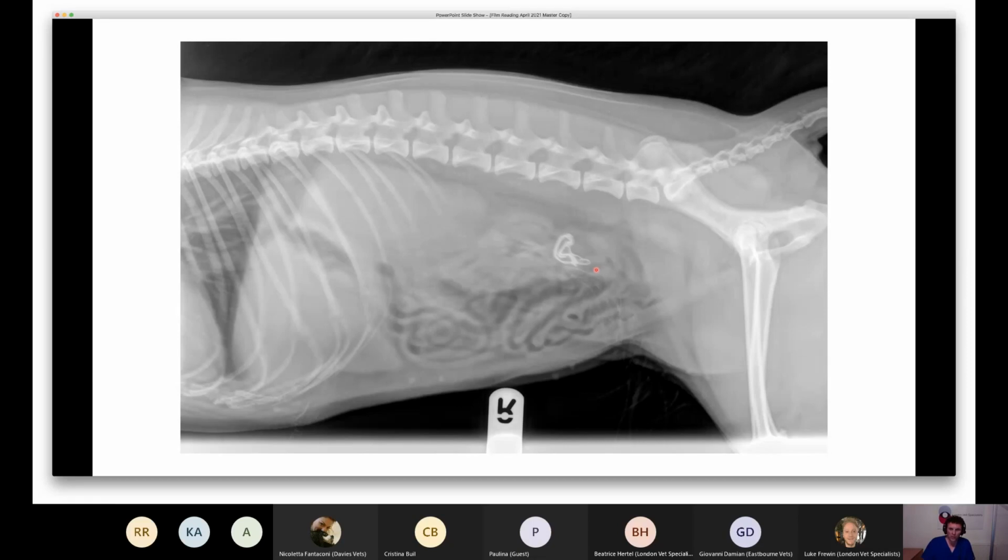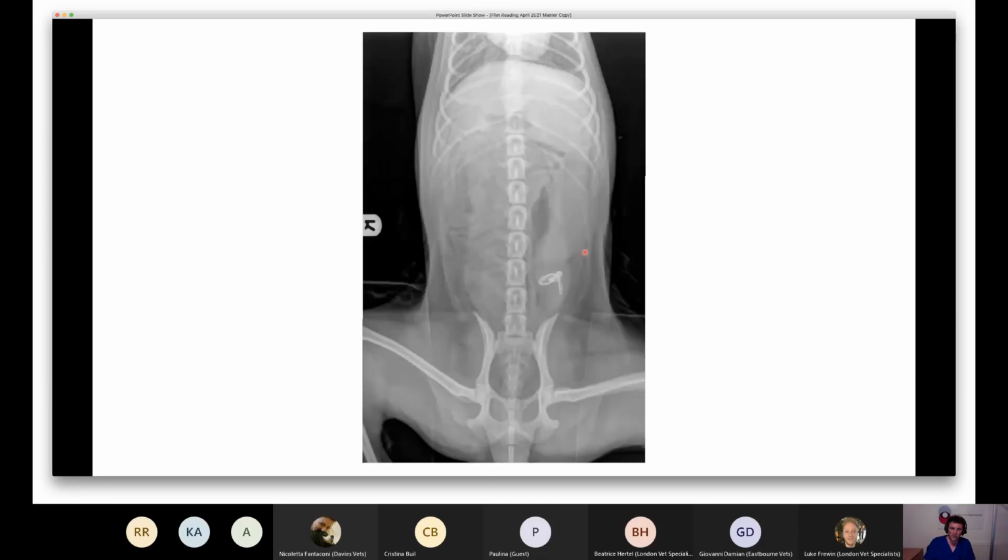We're not seeing too much of a loss of peritoneal serosal detail. I agree that it isn't completely normal, but we're not seeing a huge amount of effusion. We didn't see a lot of effusion on the ultrasound. And in terms of the increase in opacity associated with the structure, and particularly down the left side of the abdomen here, I wonder whether that's just inflammation within the retroperitoneal space.